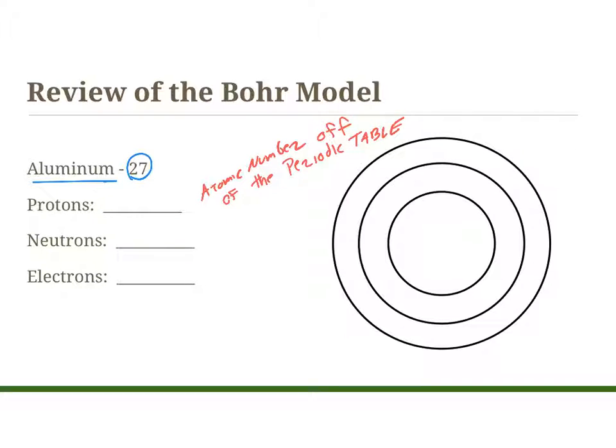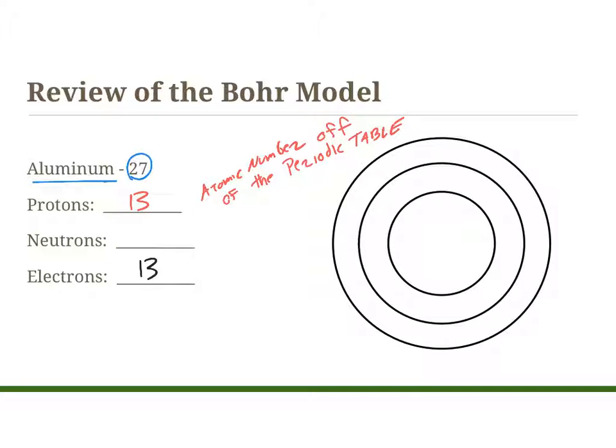Because this is a neutral atom, and unless I tell you otherwise, it will be a neutral atom, you would take the atomic number, which for aluminum happens to be 13, and that tells me the number of protons, but it also tells me the number of electrons because it's a neutral atom.